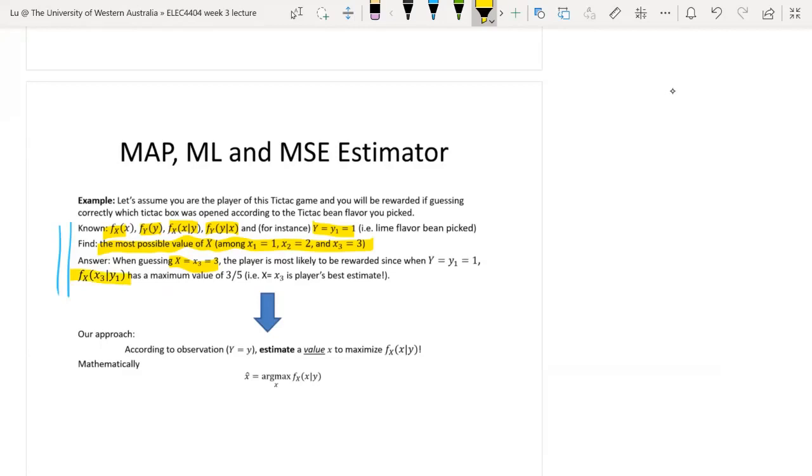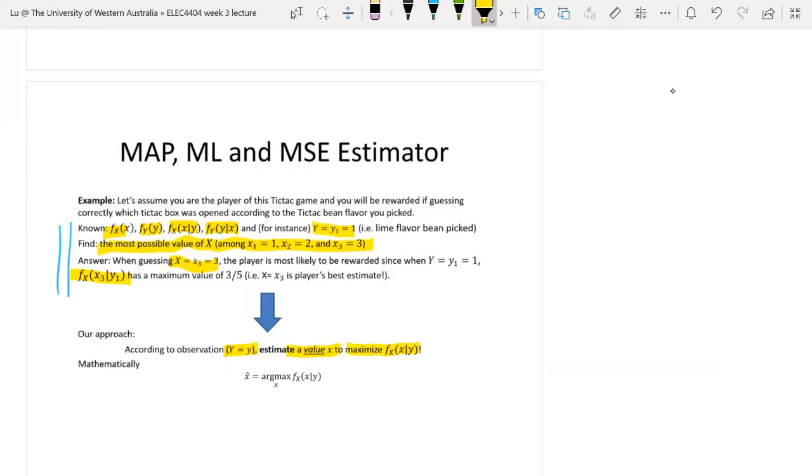Okay, this is just the whole question. We have done the analysis, a very simple case. But what we have analyzed in this question can give us a very important conclusion. If you have already known some of the observations, so for example, y, and I want you to estimate the unknown parameter, the x, then the estimate of x is actually the estimation which can maximize this conditional PMF with respect to y.